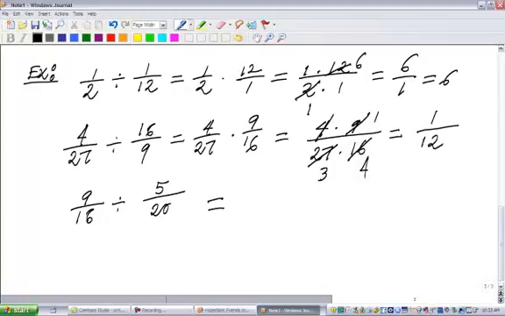So what is that equal to? I get 9 divided by 16 multiplied by 20 over 5.